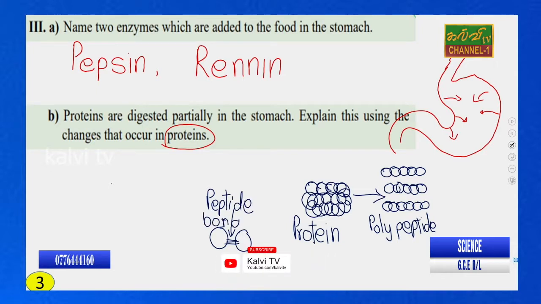So many chemical bonds are in the polypeptide. Poly means many, so many peptide bonds are available in the polypeptide. After that, what happened? This is converted into amino acids.